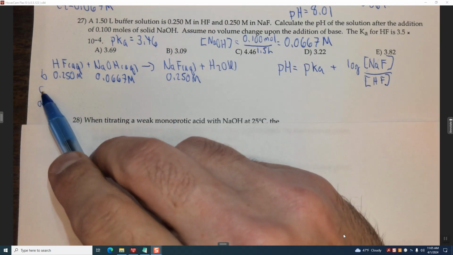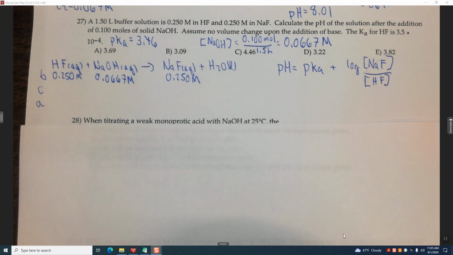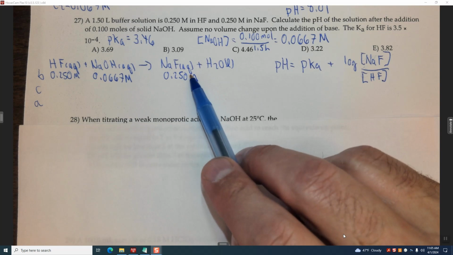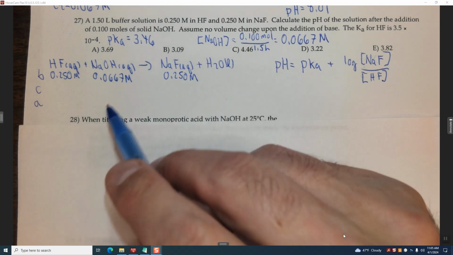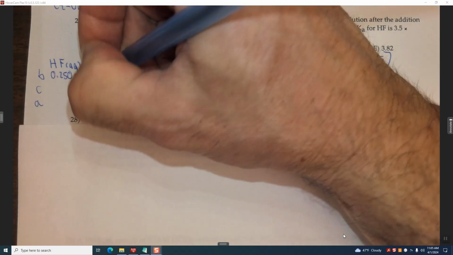Then these things are going to react, so I'm going to have a change. What's going to happen? The HF and NaOH are going to react to form more NaF. And since we have more HF than NaOH, we're going to run out of the NaOH first.